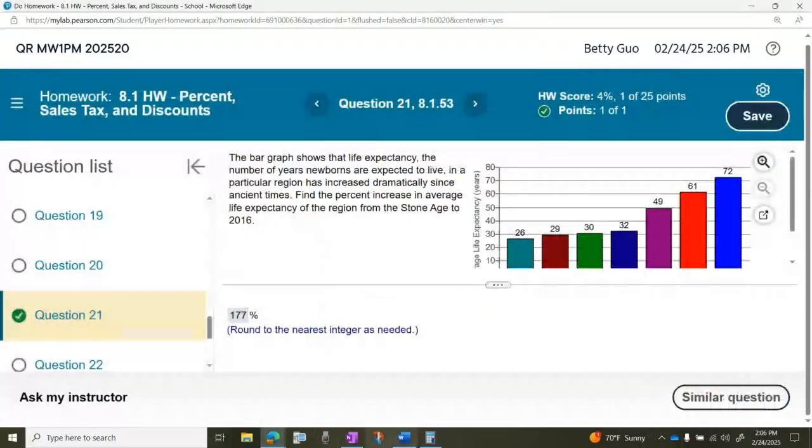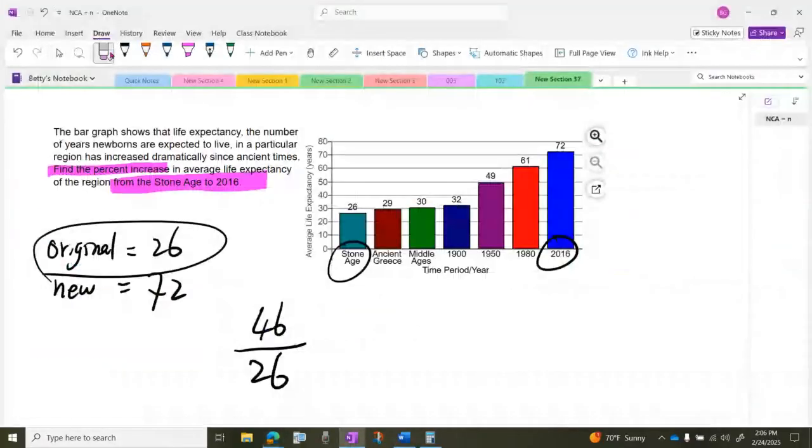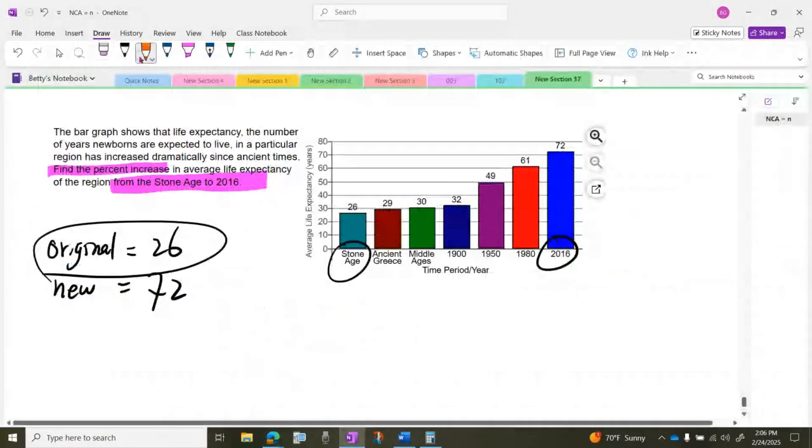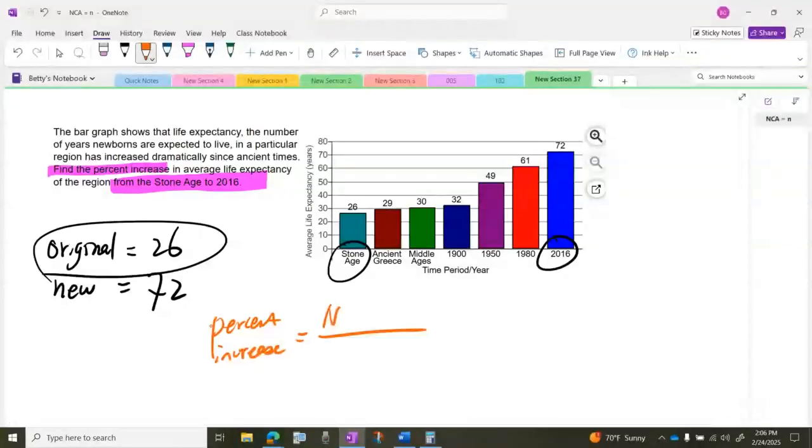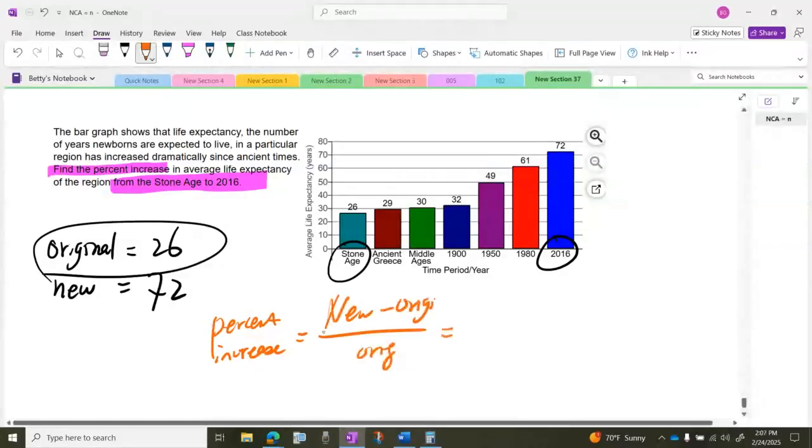This question appears a lot every semester. So the formula, if you like to use a formula: percent increase is new value minus original value, over original value.